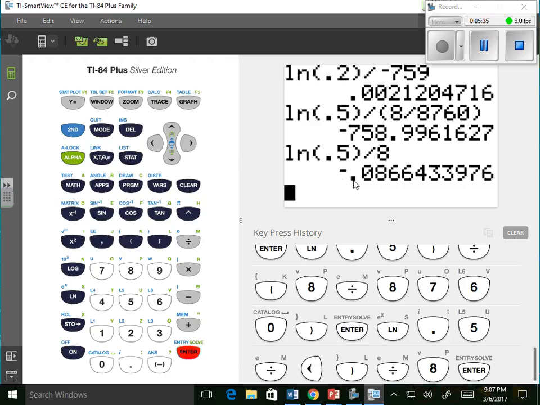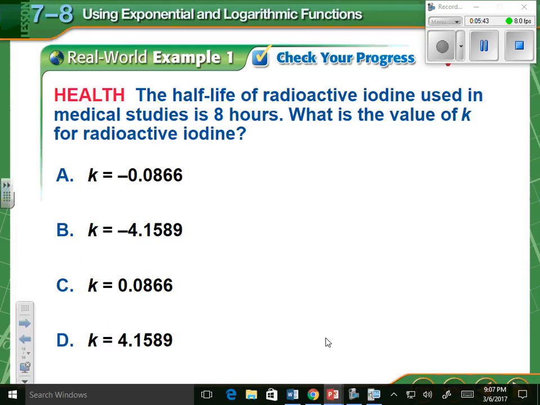That's not on your paper. But that's what the answer would be for this problem. It would be the positive 0.0866.